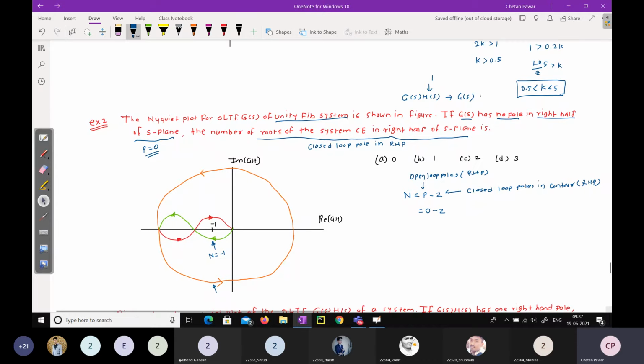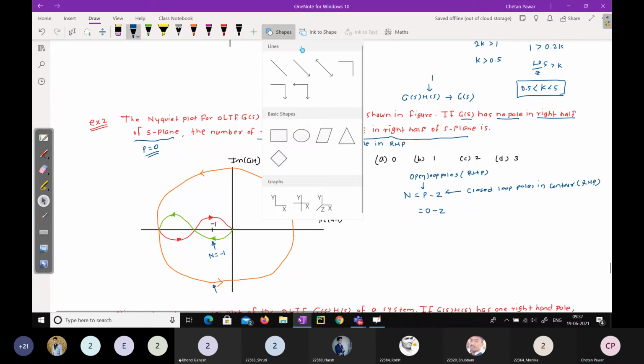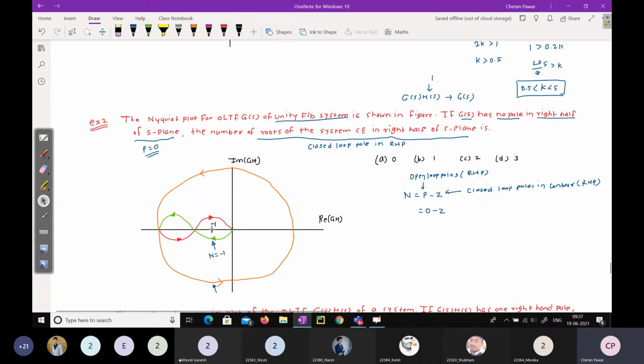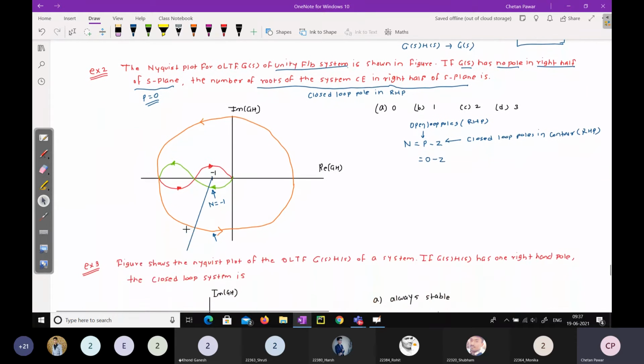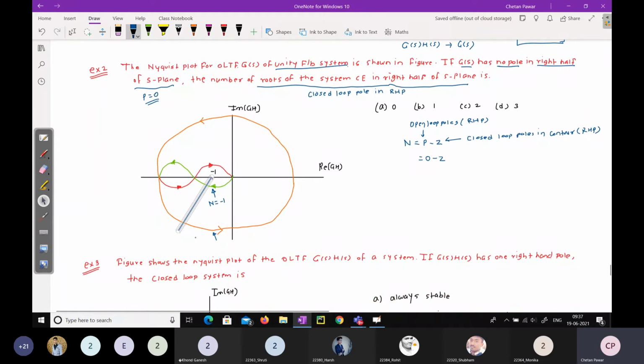If you just draw a line from this point, here you can see there are two encirclements. The first one is this, the second one is this. If you just draw the line, that will show you the encirclement.